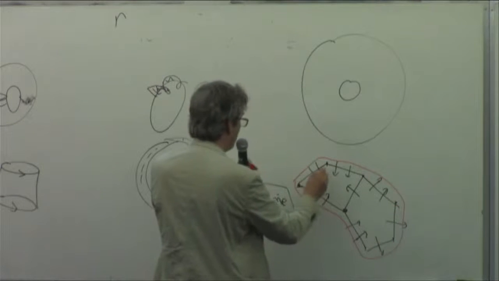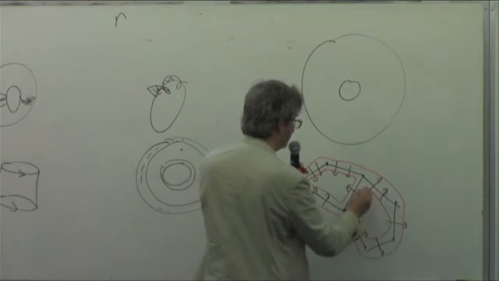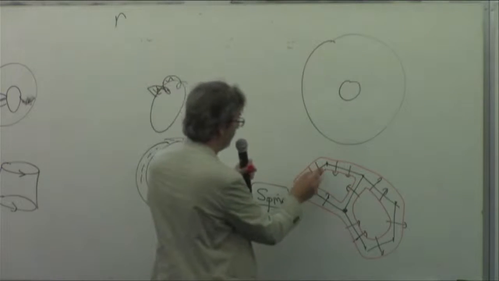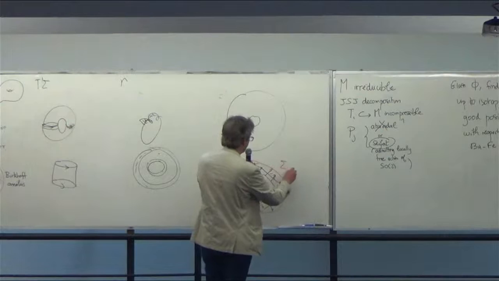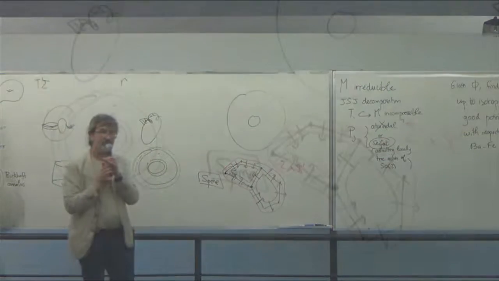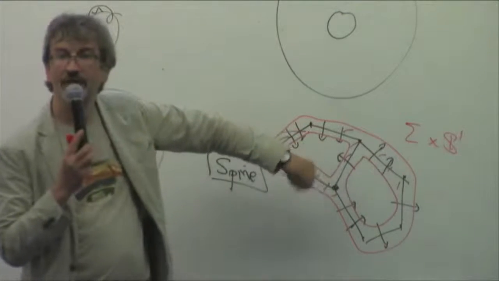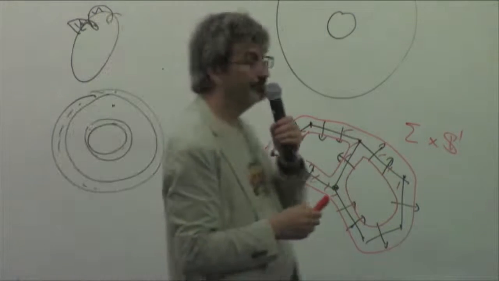Now I take a tubular neighborhood of such a thing. So you see the tubular neighborhood will be some surface with boundary, a product with the circle, but maybe not exactly. It could be Seifert because of this wrapping, okay? So it will typically be a Seifert piece.